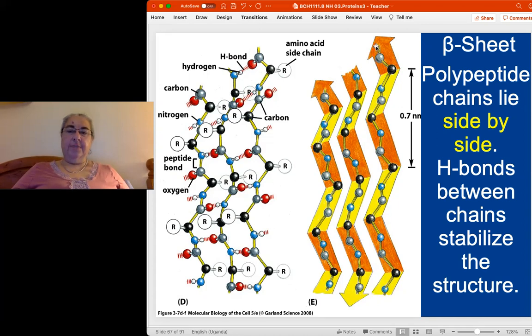Do you see that? So hydrogen bonds, again stabilizing it, formed again between the hydrogen attached to the nitrogen on one chain, and the oxygen attached to the carboxyl group on the other chain. And this is an illustration of an anti-parallel beta sheet.